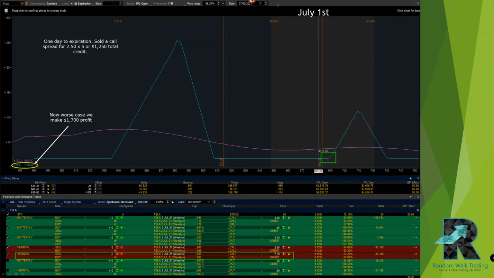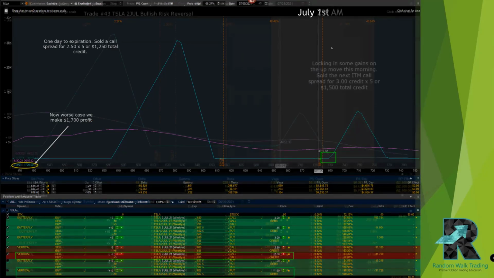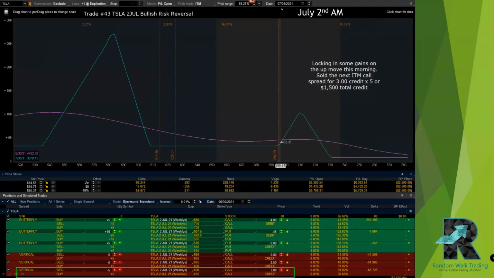And then on expiration, in the morning, Tesla ran up, and with that run up, it went a little bit further up, and I sold that next 5-point spread. So now you can see we've turned a Venus butterfly into a broken wing butterfly.